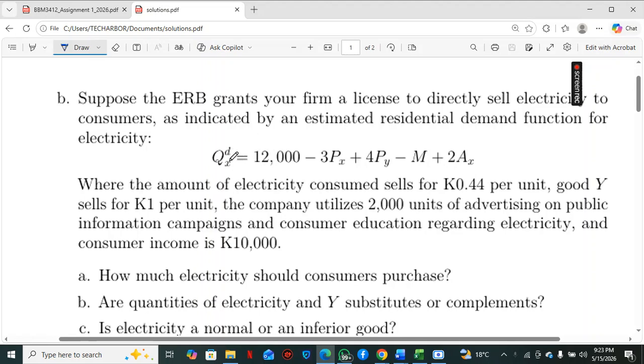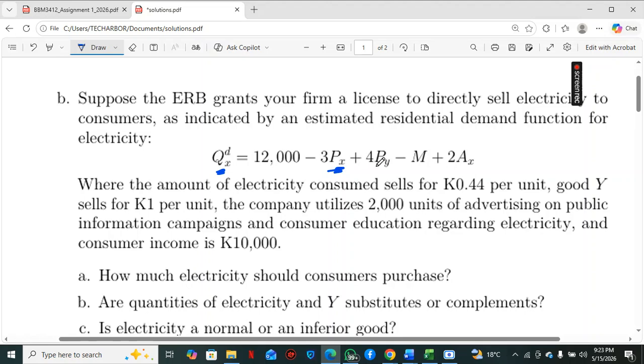Quantity QDX, quantity demanded for electricity. This quantity demanded for electricity is dependent on the price of electricity, the price of good Y, the income of the people, and advertising.